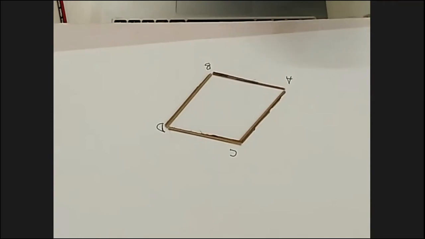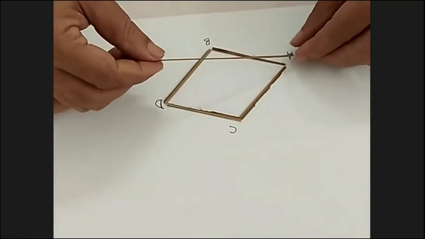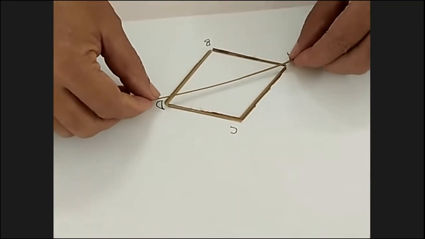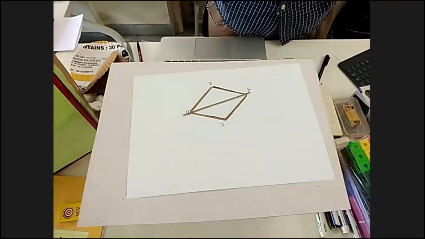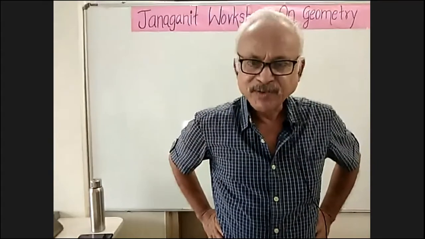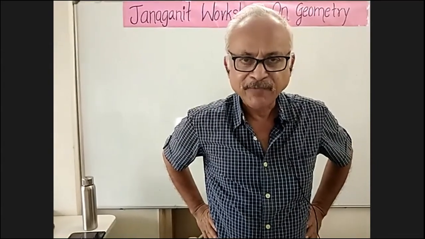I'm going to keep this rod along AD. That's a diagonal. So the line AD bisects the angle CAB into two equal parts. Okay. So that is what we have done.